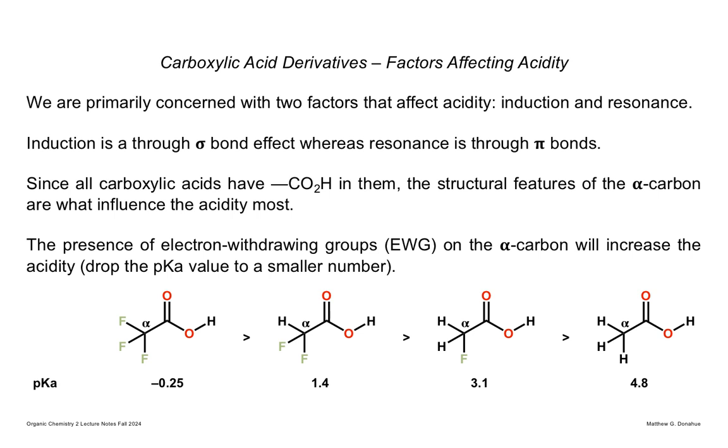So one thing that does affect acidity is the stuff that's bonded to the alpha carbon. What we want to keep in mind, again, just draw it in the middle here. Every acid, as I said, has that CO2H, so that's the functional group.